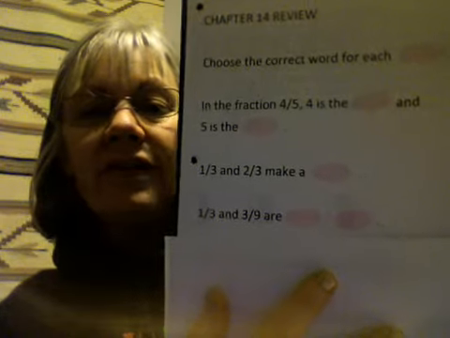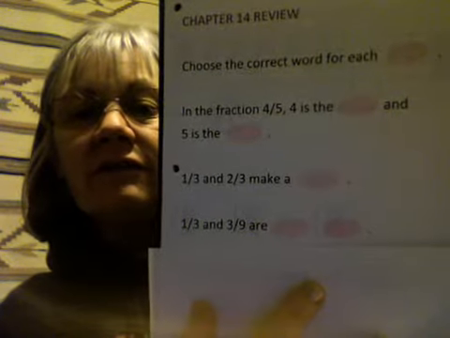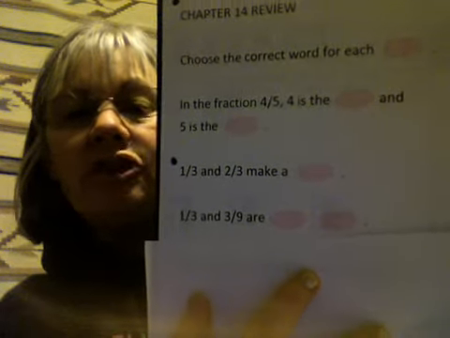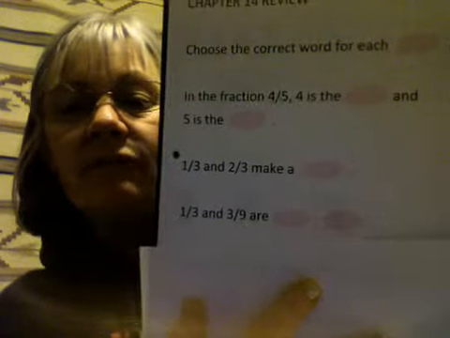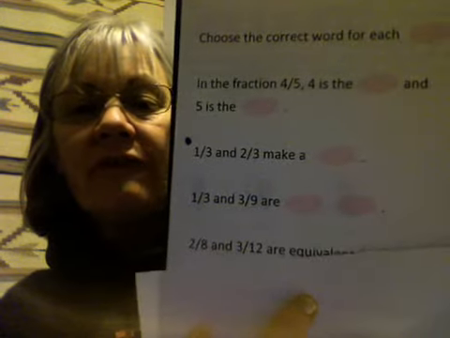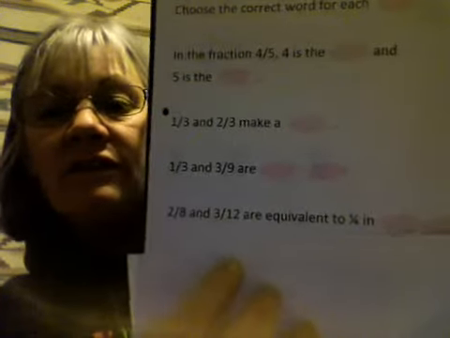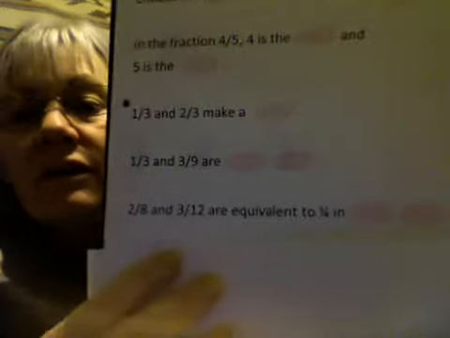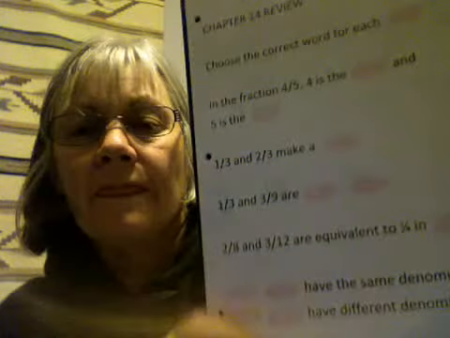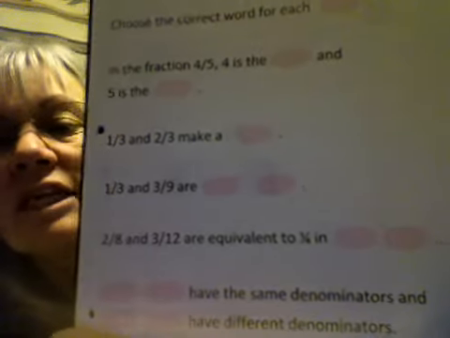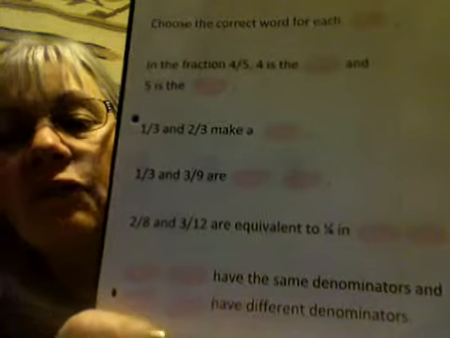1/3 and 3/9 are equivalent fractions because they both refer to the same amount. 2/8 and 3/12 are equivalent to 1/4 in its simplest form.